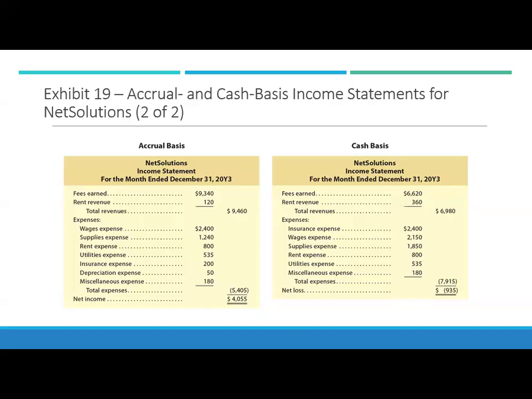Supplies expense was different, rent expense. And that's because of prepaid expenses. And then also our revenue is substantially different as well, because under the accrual basis, this company billed a lot of revenue and they earned a lot of revenue that they just did not collect from the customers yet.